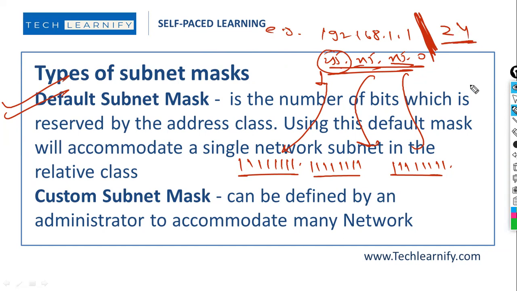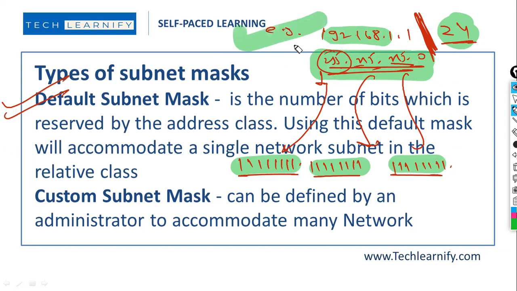It's the same as specifying the mask this way. Basically /24 means 24 ones, means 24 network bits, and the remaining 8 would be the host portion. So it's another way of mentioning the subnet mask, and a very common method nowadays, right?